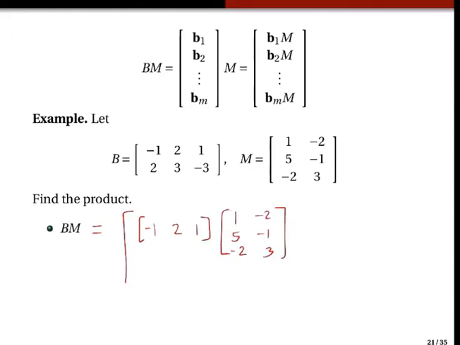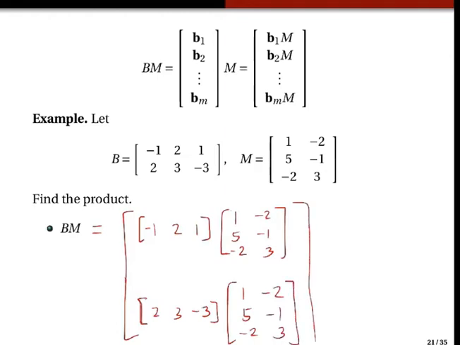And then row 2 for B, you have 2, 3, negative 3, then multiplied to M. You have 1, negative 2, 5, negative 1, negative 2, 3. Then you have this.